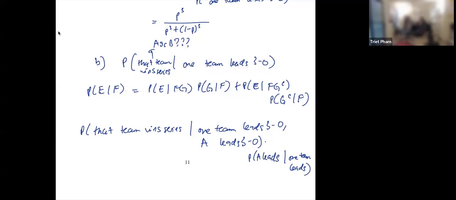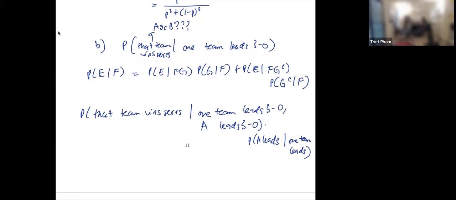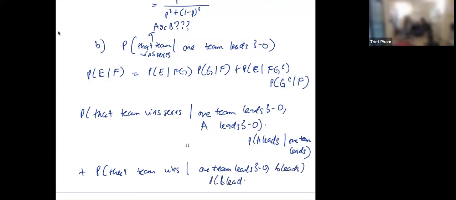All right. And then same thing: the probability that team wins the series, but now B leads, times the probability B leads, conditioned on one team leading.